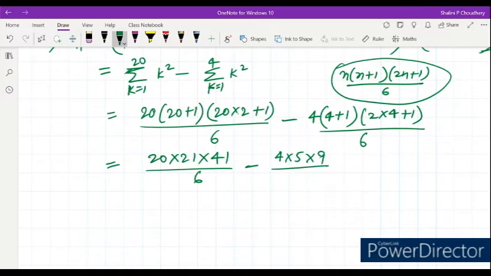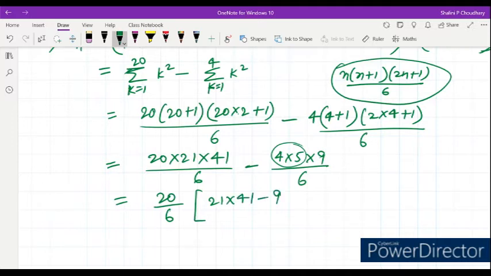So the values will be 20 multiplied by 21 multiplied by 2 into 20, 40 plus 1, 41, divided by 6, minus 4 multiplied by 5 multiplied by 2 into 4, 8 plus 1, 9, upon 6. 4 multiplied by 5 will be 20, so we can take 20 common, and 6 is also common, so we are getting 21 multiplied by 41 minus 9. From this one also we can take 3 common, so it will be 7 and this will be 3.